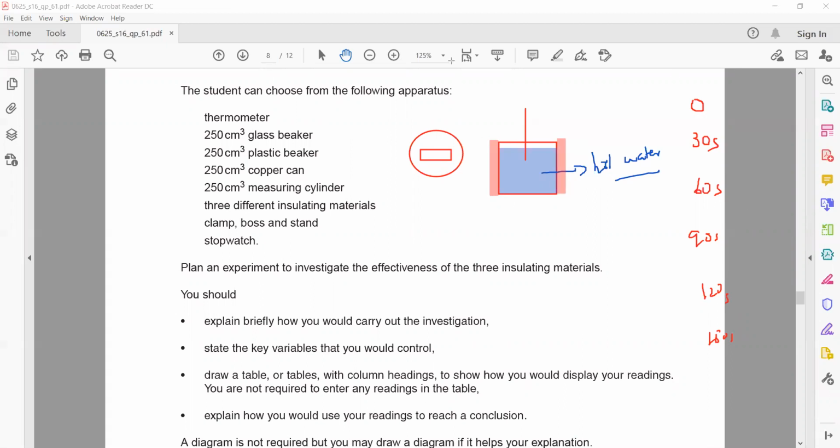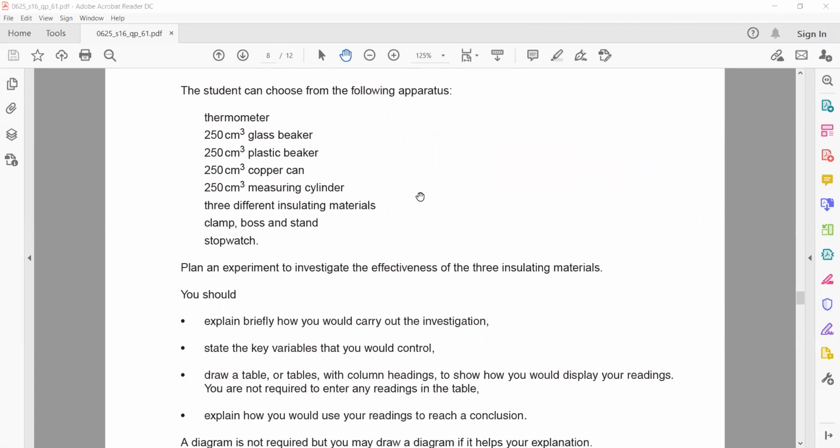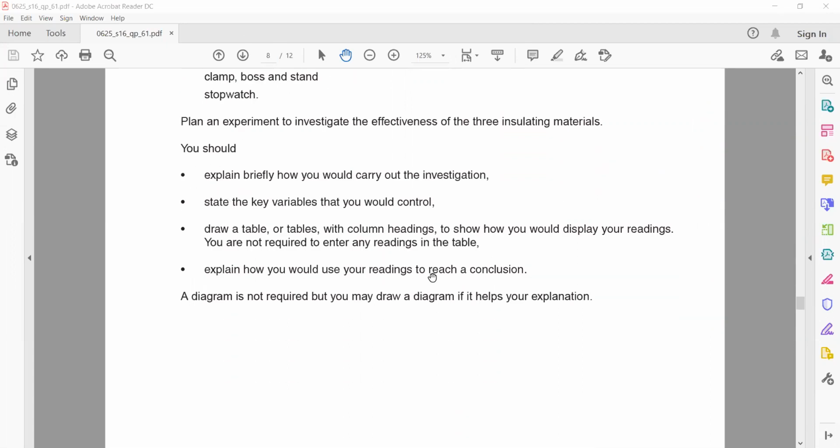The effective insulator is the one which shows a smaller change in temperature. So here, the effective insulator is basically the one which shows a small change in temperature. This was the overview of the experiment.